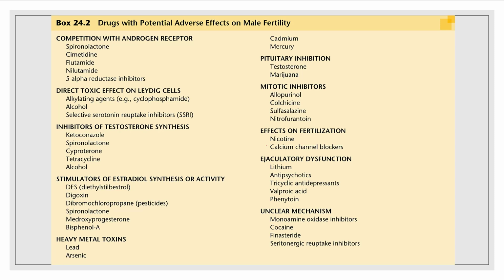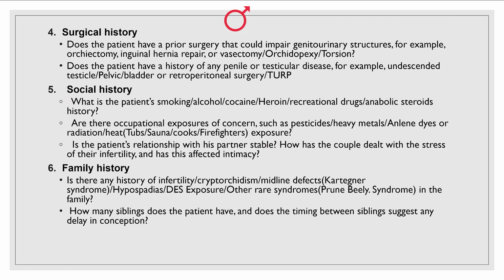Drugs, the list is huge, so I'm not going into detail, but look at the drugs which impair fertility. So better to go through this list leisurely and think about their importance in your history of the male part. Surgical history of any torsion, hernia repair, orchidectomy, orchidopexies, TURPs, retroperitoneal surgeries, important.